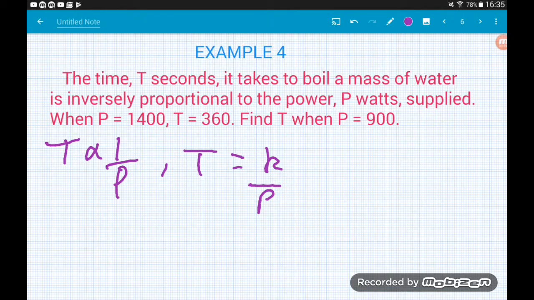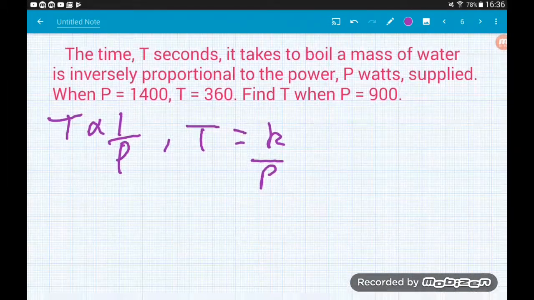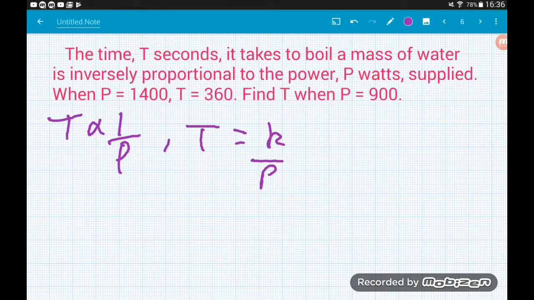So now we need to find our initial conditions. When P equals 1400, T equals 360. So our mission as ever is to use those to find the value of K.